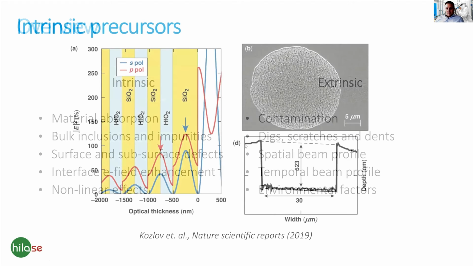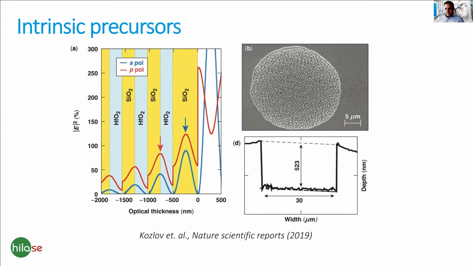So just briefly about the intrinsic precursor, because again there is a lot of physics behind that, and we are not here to listen to physics lectures. This is a very descriptive picture of what is in general happening when the light is passing through the solid material.